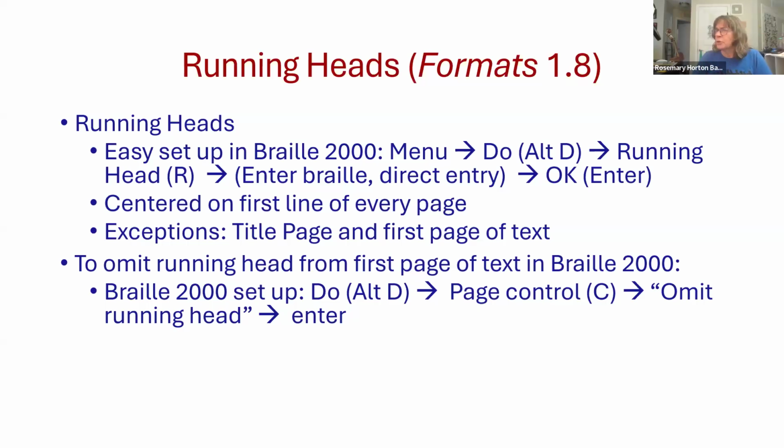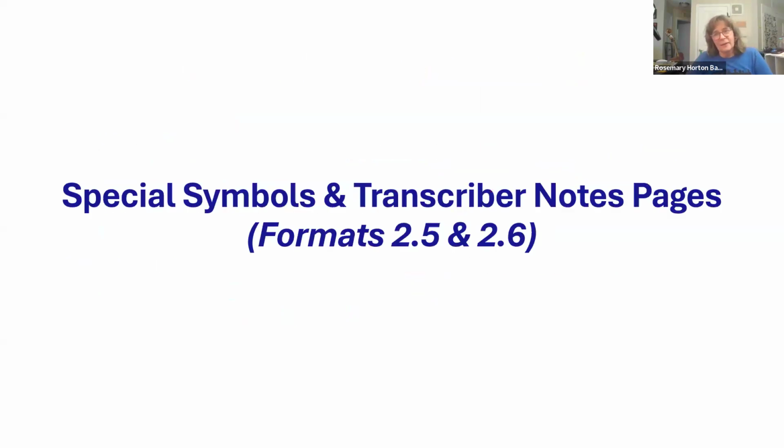But I'll show you, I don't have a picture on here, how there are options within that page control box, and you select omit running head and then hit enter, and the cursor jumps to the beginning of the next page and there's no running head and you can enter your title. So we'll do that later. That's it on running heads.